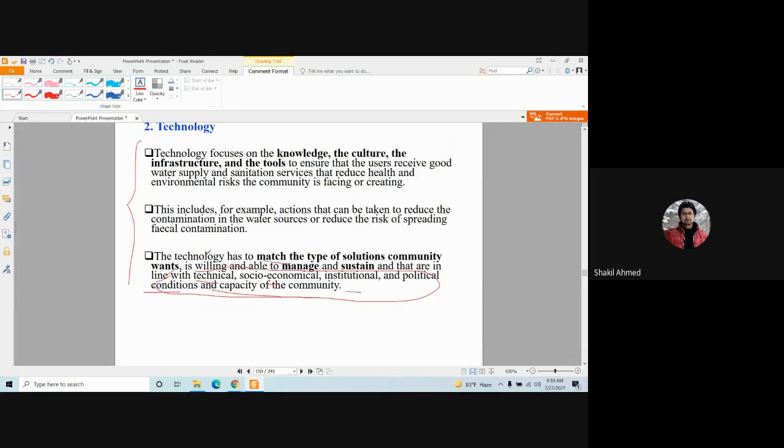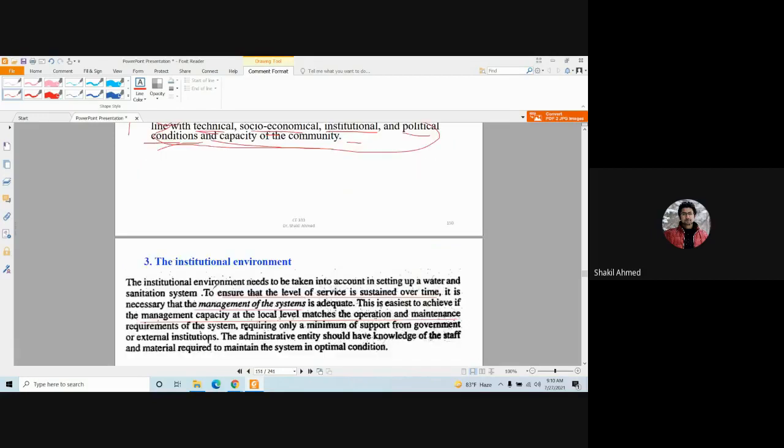The technology has to match the type of solution the community wants and is willing and able to manage and sustain, in line with technical, socio-economical, institutional, and political conditions.